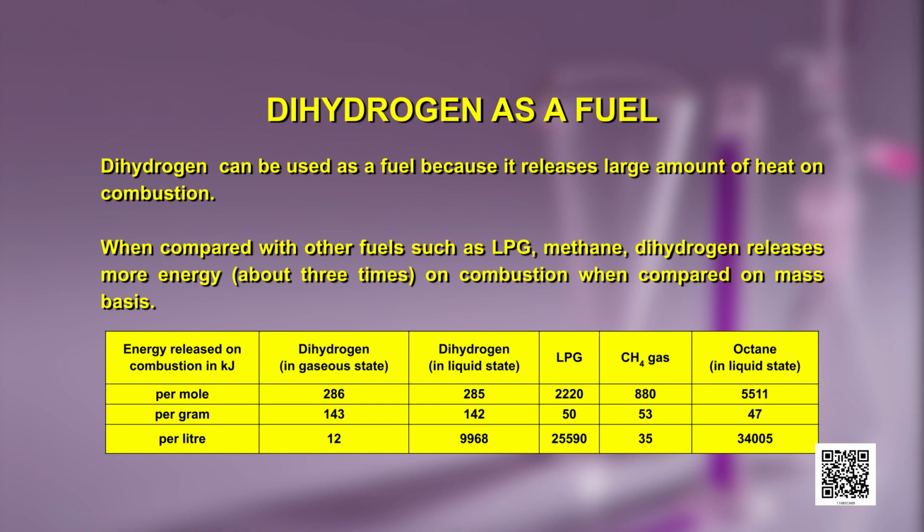If the similar comparison is done for LPG, it is only 50 kilojoule, and for methane gas it is only 53 kilojoule, and similarly for octane it is 47 kilojoule only. So, definitely hydrogen is a better fuel if we compare per gram of the energy released in kilojoules.